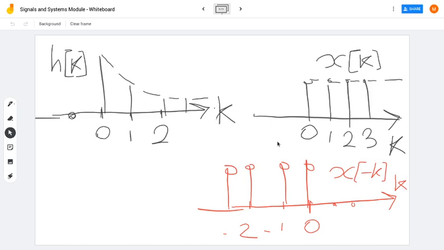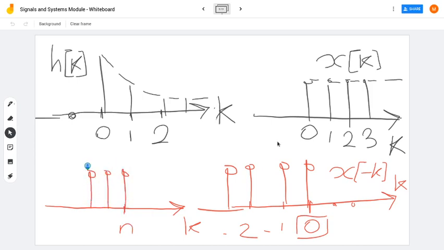We will shift the signal such that instead of starting at 0, it will start at time instant n. And this is x of n minus k. And now we are ready to do the convolution. We will do it graphically.